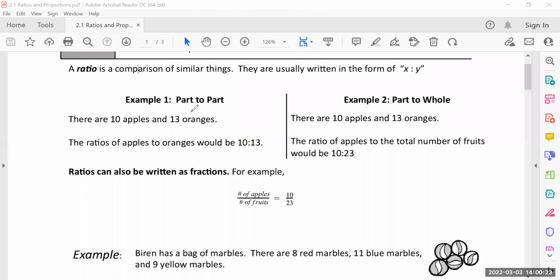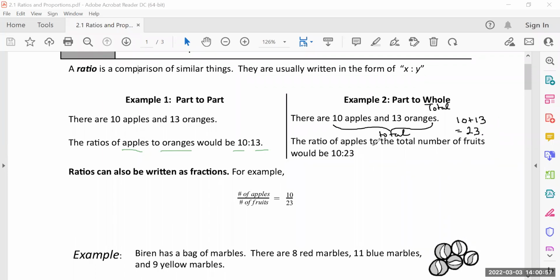Anyways, it's really important to respect and recognize the order in which it's stated in English and then stated as a number. In the same way, you don't have to say it part to part. We can actually talk about a part to a whole. In this particular case, the whole would be the total. The number of fruits that we have is 10 plus 13, which is 23.